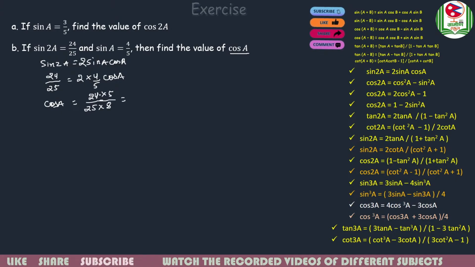On simplifying, 8 times 3 is 24, 5 times 5 is 25. So the numerator is 3 and the denominator is 5. So cos A equals 3/5.